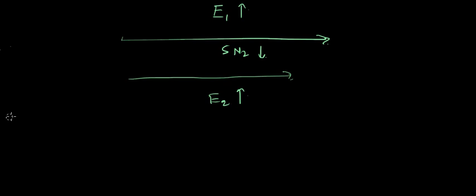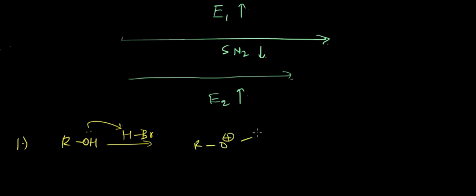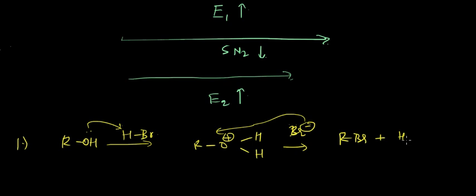Yeah, we have something like this, and if we react it with HBr, then OH actually takes up this hydrogen atom and forms OH2+, and again Br minus actually attacks on the R plus, and we form RBr plus a release of H2O.